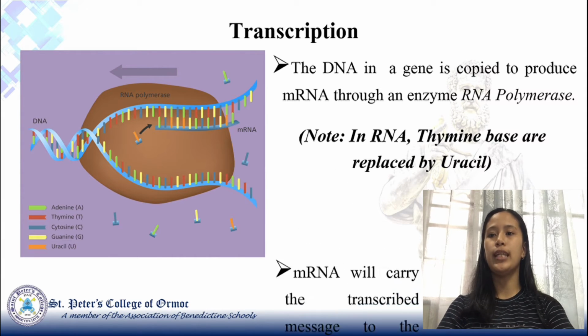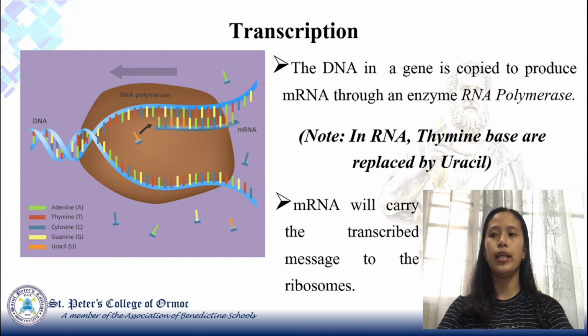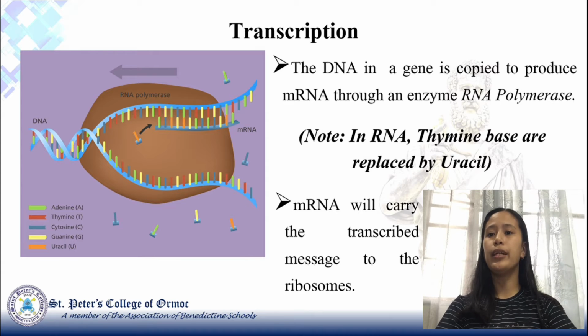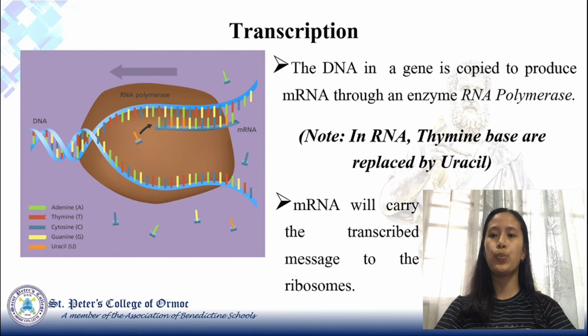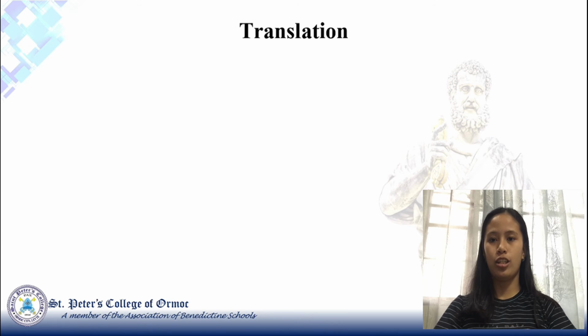The polymerase produces mRNA, and the mRNA will bring the transcribed message to the ribosomes, because the whole DNA cannot leave the nucleus, but through mRNA it is possible for the message to travel from the nucleus of the cell out to the ribosomes in preparation for the next process of protein synthesis, which is translation.